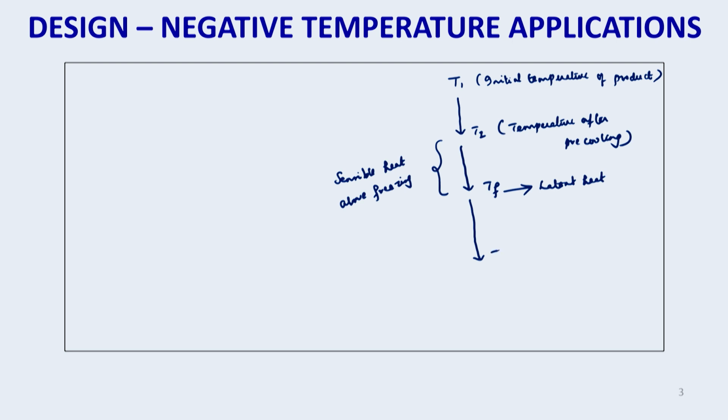Then from TF to T3, it is sensible heat below freezing. So it is from T1 to T2, then T2 to TF, then the latent heat load, then TF to T3. There are four temperatures here, whereas in the case of positive temperature application, there are only three temperatures.